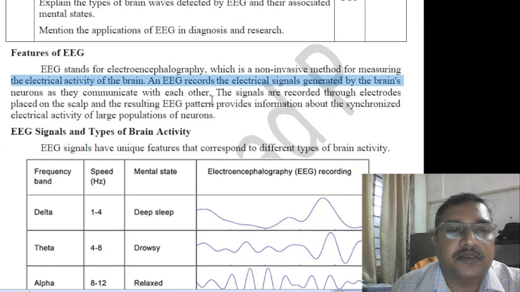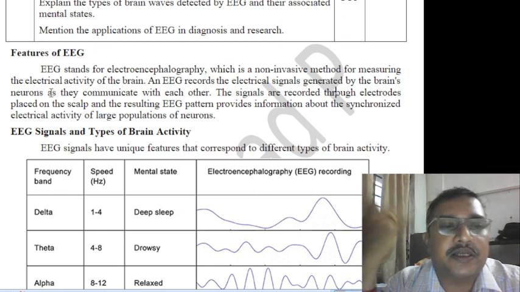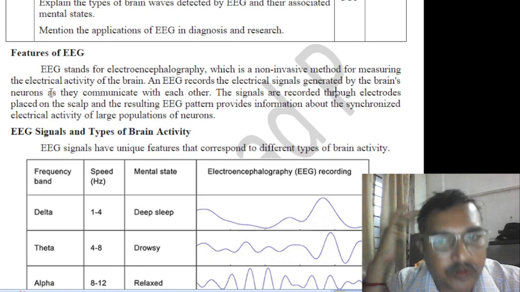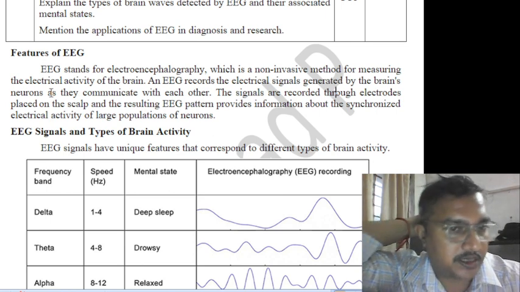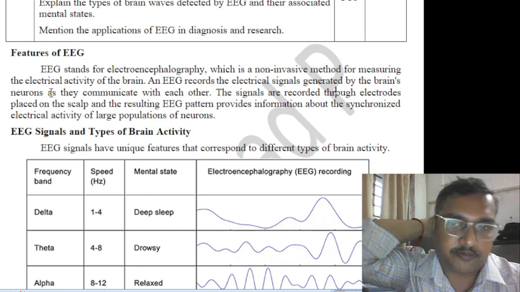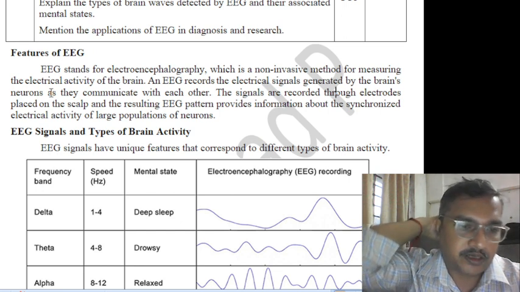What is EEG, electroencephalography? It is done through electrodes, like you have seen in movies. They keep so many connections to our brain, and it records the signals.